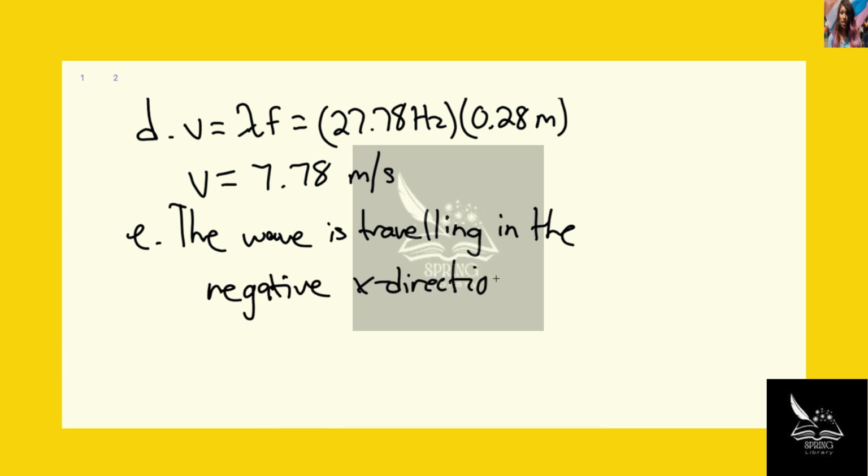This is really just simply looking at the equation and comparing it to the standard equation for a wave, and seeing that this wave is going to be traveling in the negative x direction.